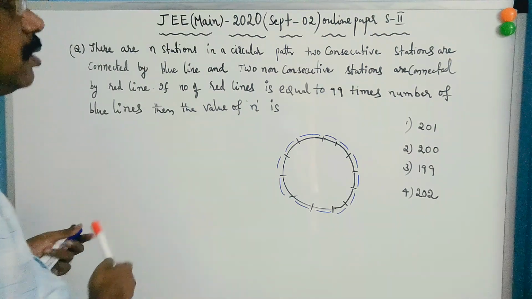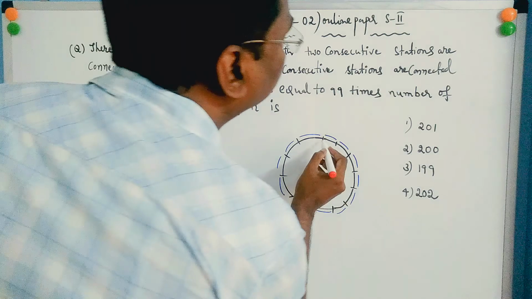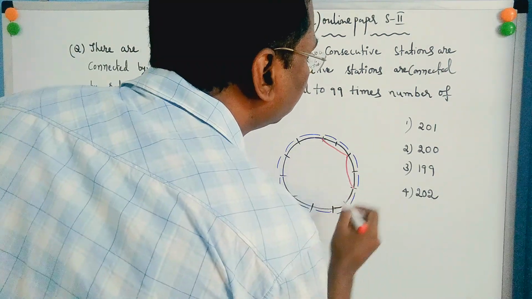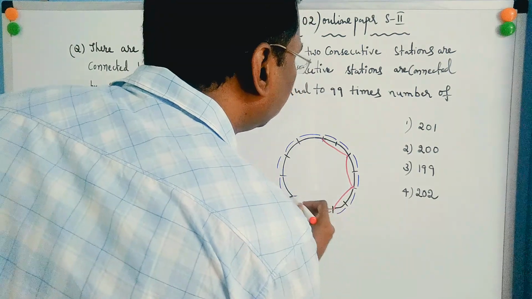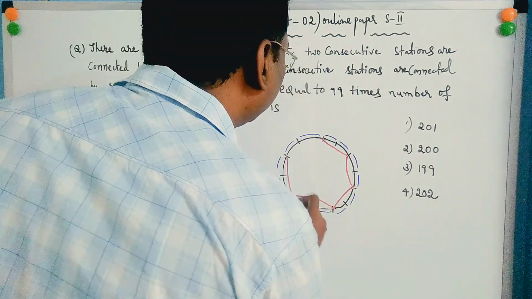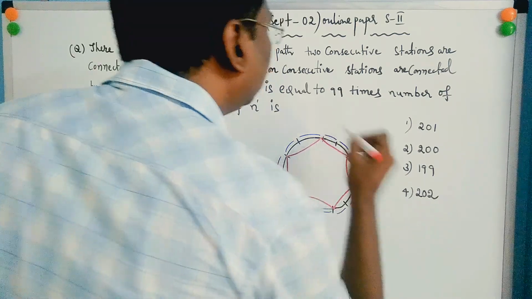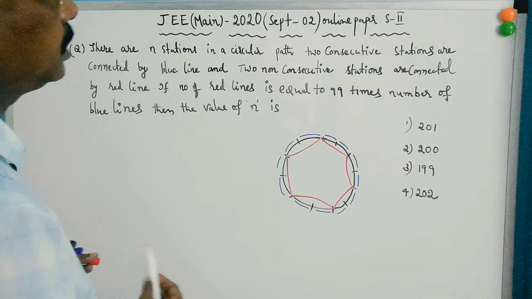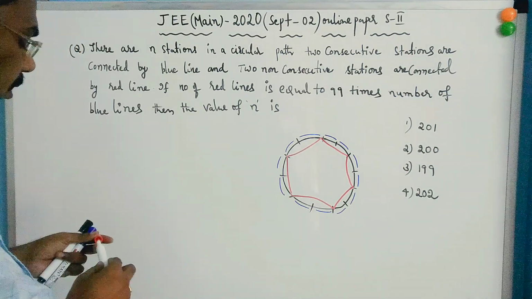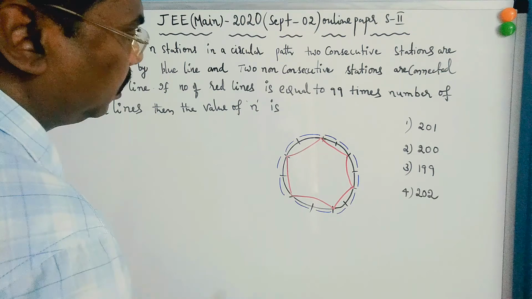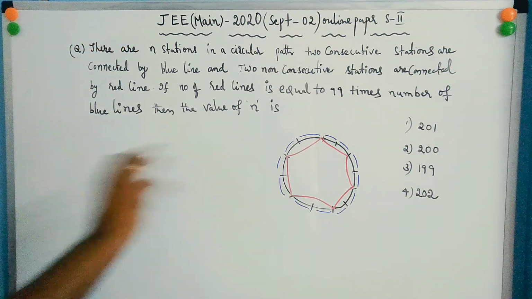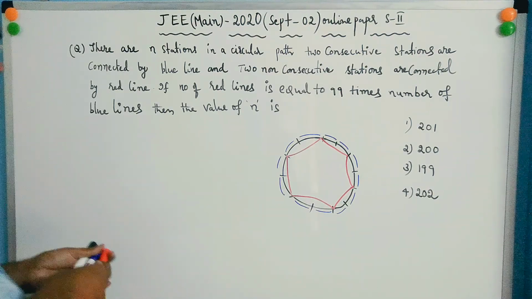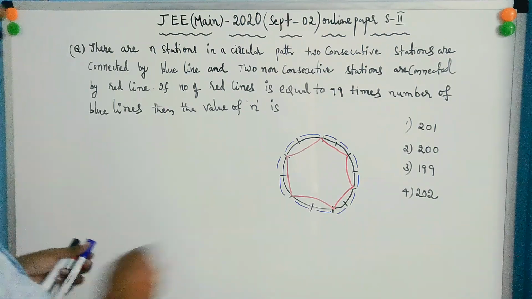Next, two non-consecutive stations are connected by a red line. Okay, now observe that for n sides of a polygon, the number of diagonals is nC2 minus n.